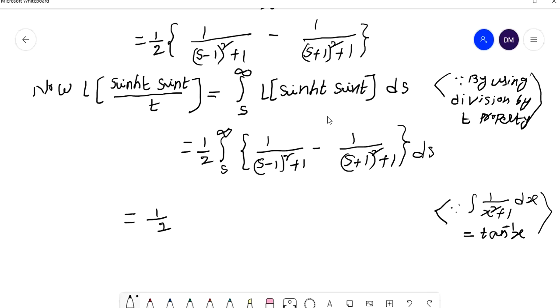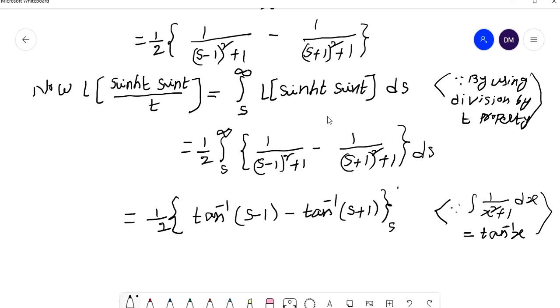So by using this formula, the first integral can be written as tan inverse of s minus 1, and the second integral is also in the form of 1 by x square plus 1, so it can be written as tan inverse of s plus 1.